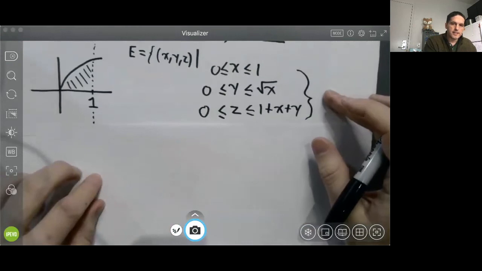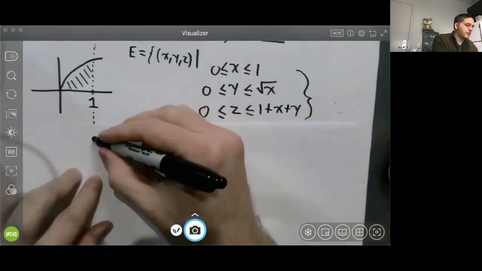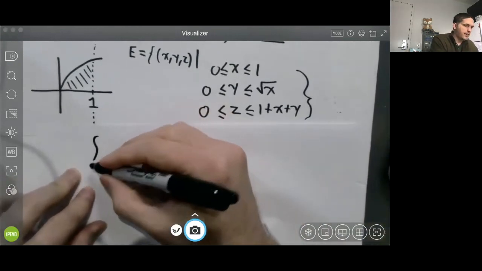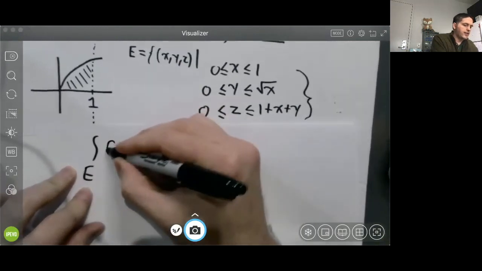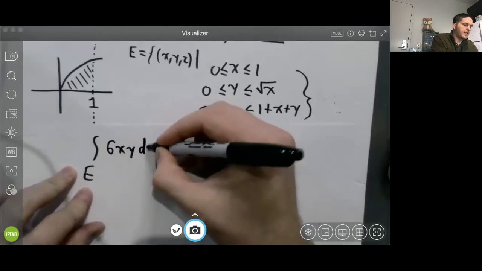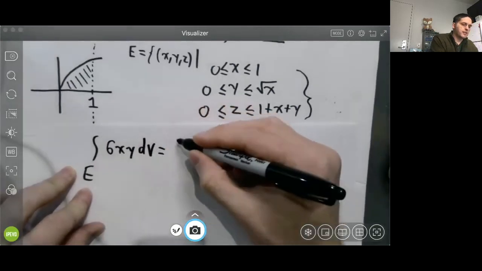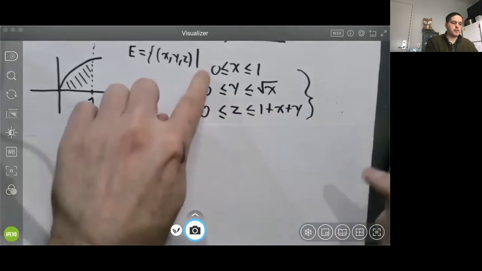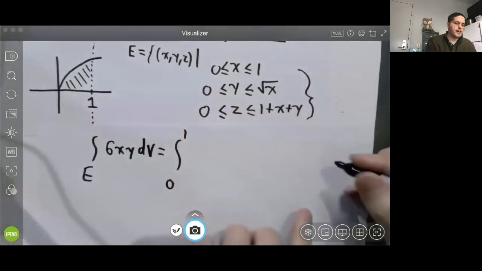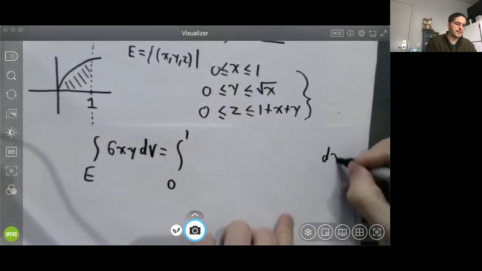Now that we have this description of E, we're ready to write down our iterated integral. The integral over E of the function 6xy is equal to the integral from 0 to 1. The outer integral goes from 0 to 1, and the outer integral is with respect to x.